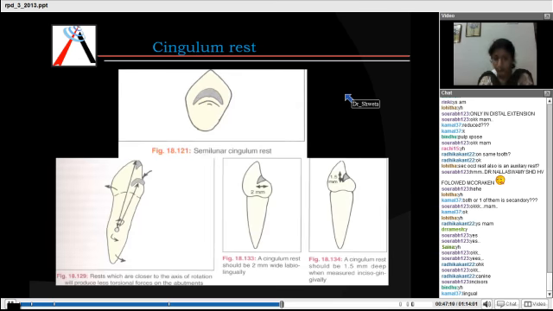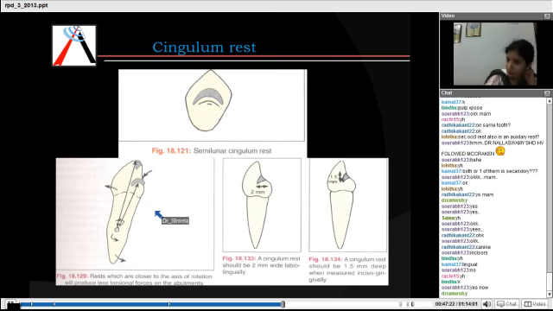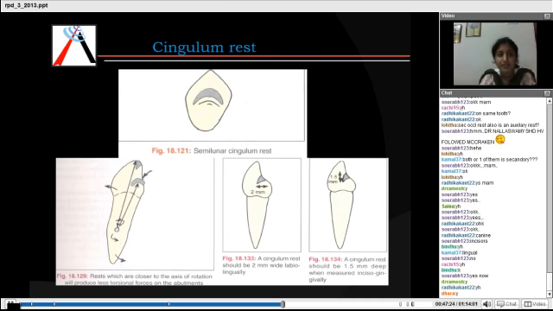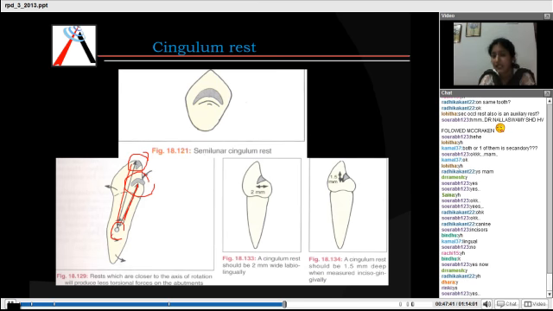Now what they are trying to say is, see this diagram. You people can see this slide? They are saying that a cingulum rest is better than an incisal rest because the distance between the cingulum and the axis of rotation is less. See, this distance is less as compared to this distance. When the rests are closer to the axis of rotation, it will be more stable.